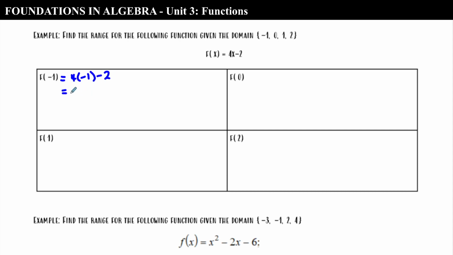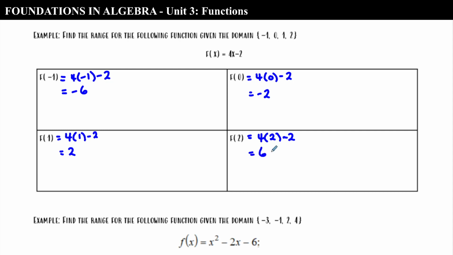So that gives us -4 minus 2, which gives us -6. F of 0 is 4 times 0 minus 2. So that just gives us -2. F of 1 is 4 times 1 minus 2, which would just be 2. And f of 2 is 4 times 2 minus 2, which would give us 6.